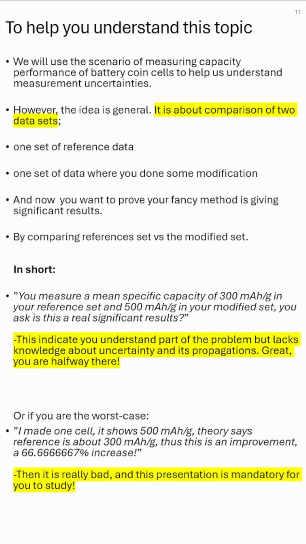And you made sure to add all those digits in your calculation, because that shows how accurate your measurements really are, right? If you're in that case, then it is really bad, and you really need this presentation, and it must be mandatory reading and study for you.